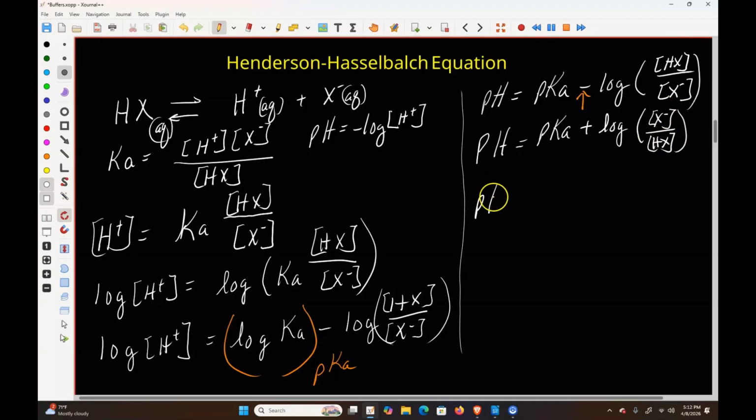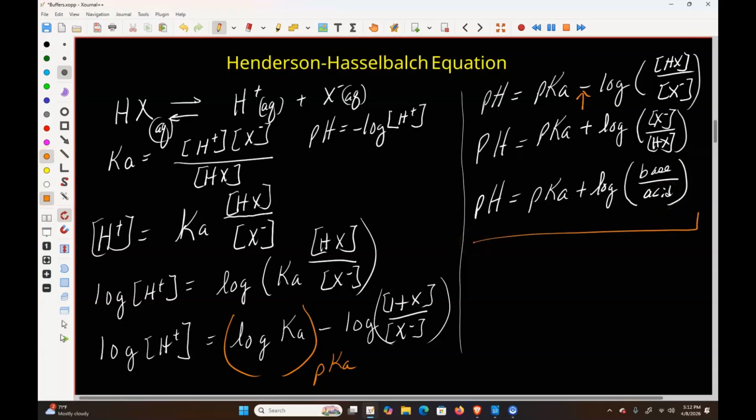So let's refine this one more time. pH is equal to pKa plus log of my conjugate base over my acid. All right, so this is the Henderson-Hasselbalch equation that I like to use. I would suggest memorizing this.